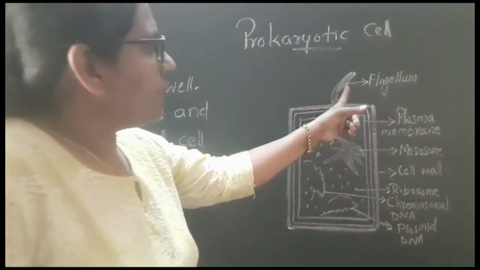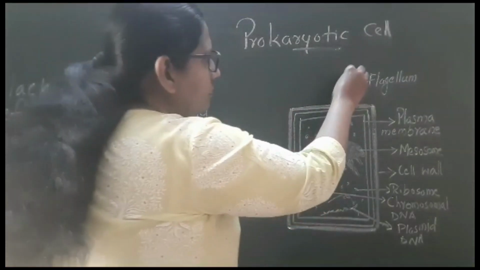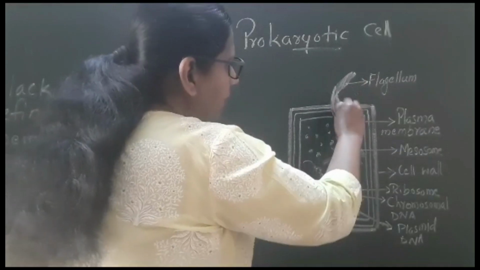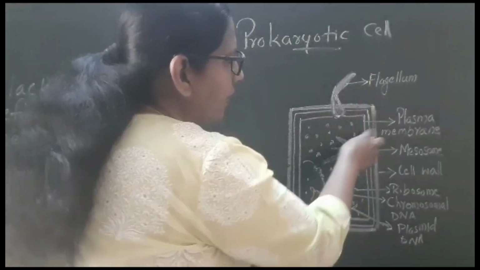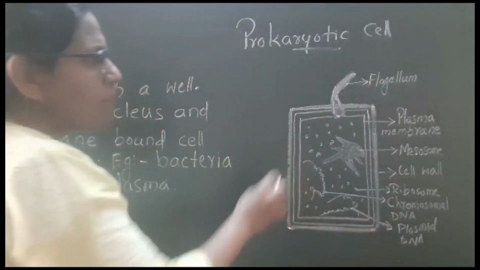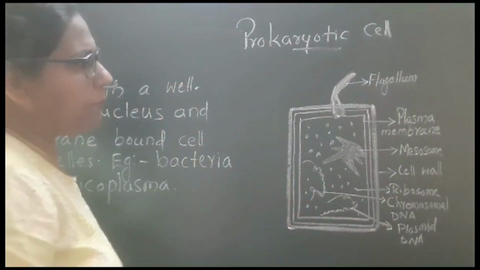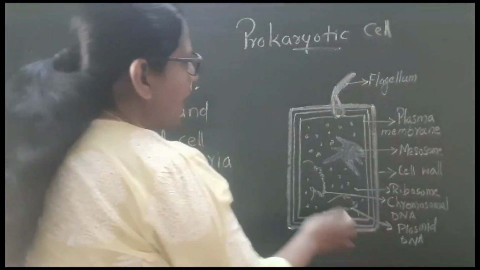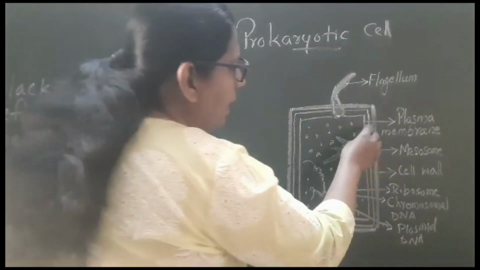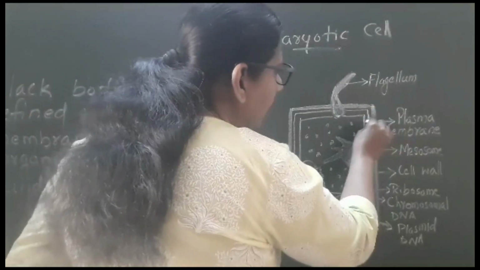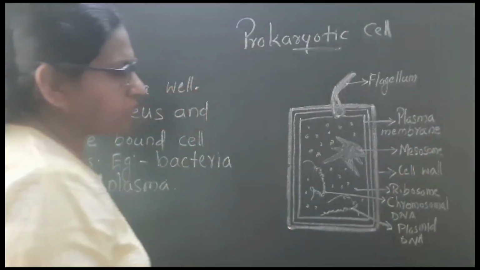Here, this is flagellum. Then it is surrounded by plasma membrane. This prokaryotic cell is surrounded by plasma membrane. Here is the plasma membrane.